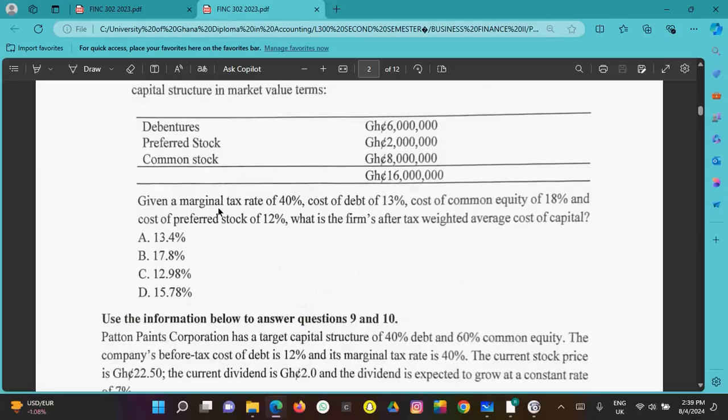Given a marginal tax rate of 50%, cost of debt of 13%, cost of common equity of 18%, and cost of preferred stock of 12%, what is the firm's after tax weighted average cost of capital?